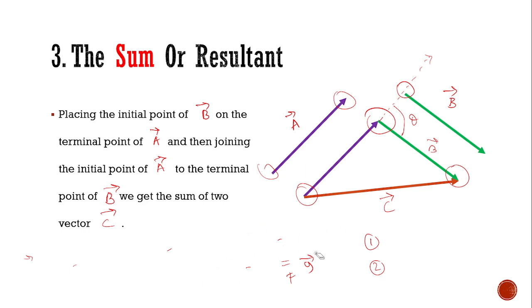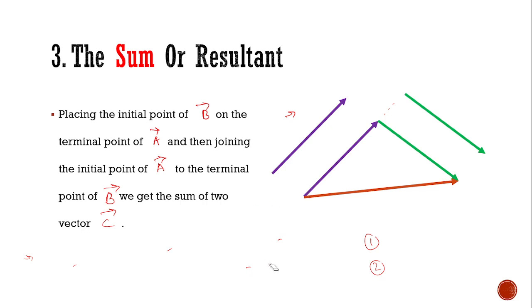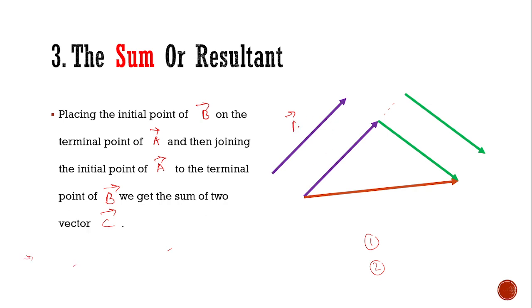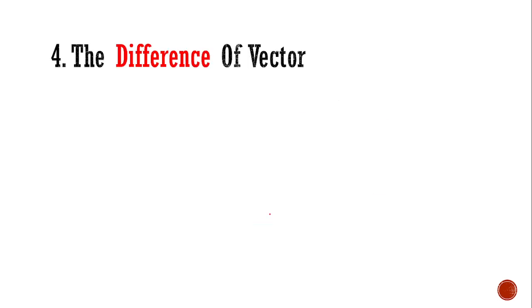Geometrically it is represented by this A and B. This is A vector, this is B vector, and this is C vector, and A vector plus B vector is equal to C vector.